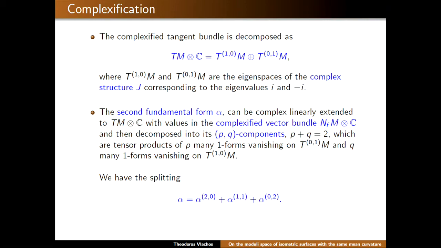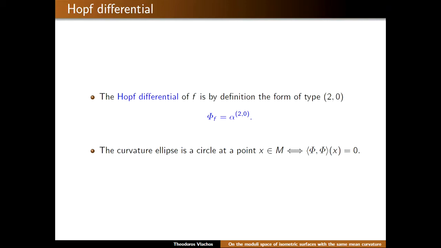We complexify the normal bundle, and according to this decomposition, we split the second fundamental form into its 0 part, 1 part, and 0 2 part. The 0 2 part is the Hopf differential, and it is worth mentioning that the curvature ellipse at a point is a circle if and only if the Hopf differential is isotropic at that point.